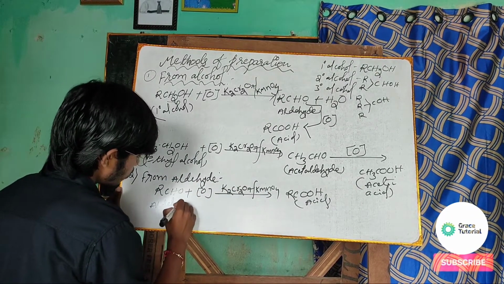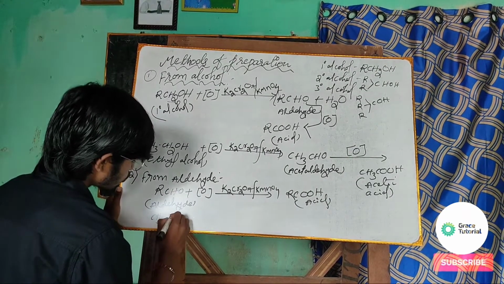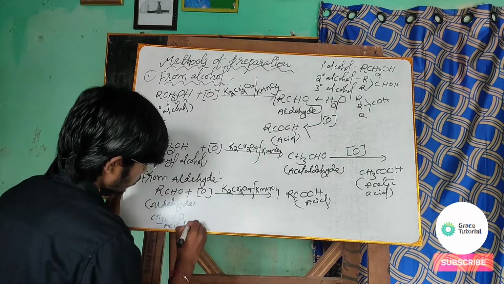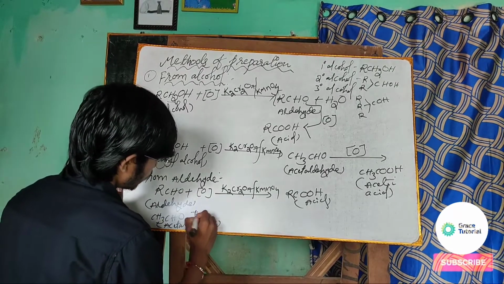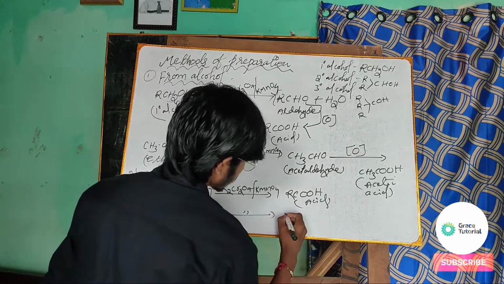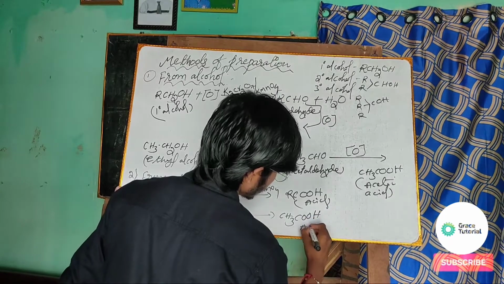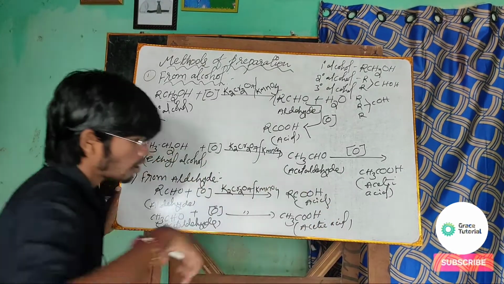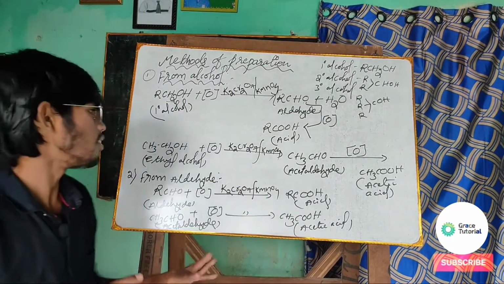If you take a specific example, CH3CHO, this is acetaldehyde. When this acetaldehyde gets oxidized in the presence of the same, then we get CH3COOH. This is acetic acid. So this is the second method of the preparation of the acid.